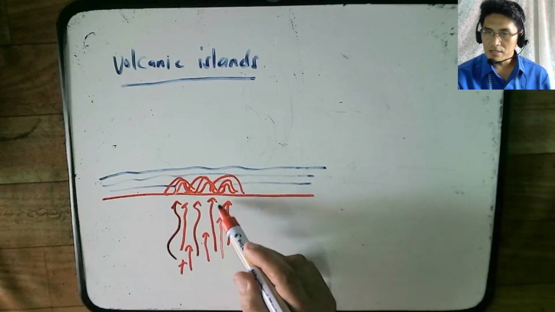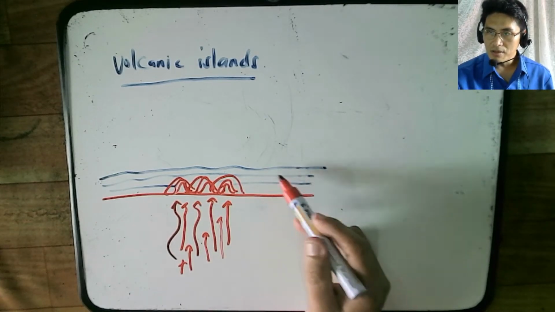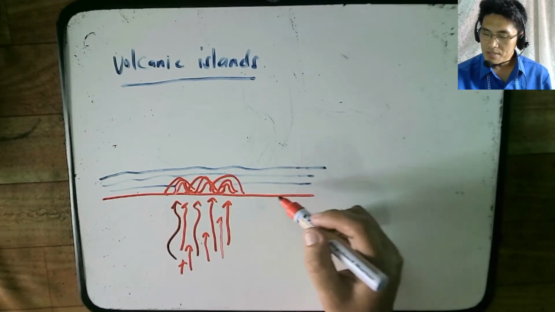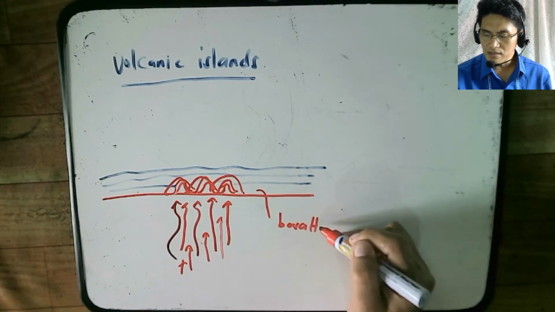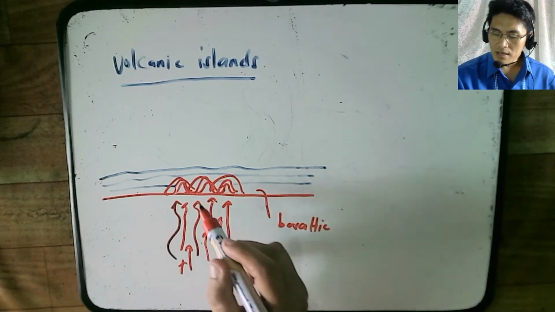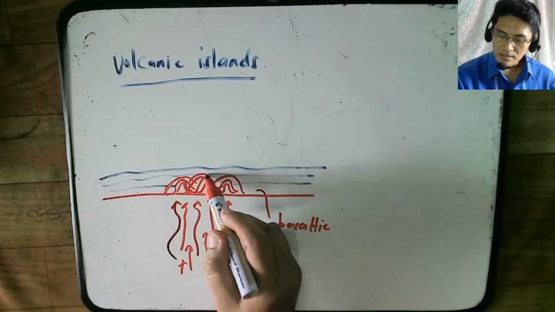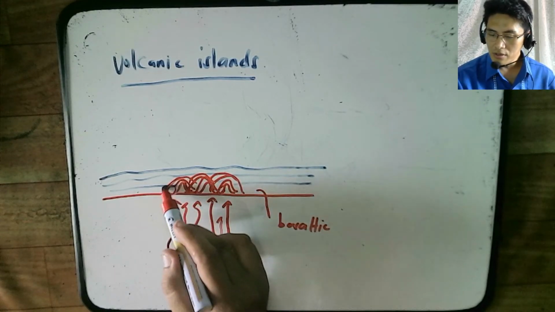Remember, when magma materials come out and get greeted by the water, it forms the type of rock that we call basalt or basaltic rock, right? And then it piles up, it still forms basalt because it's underwater.